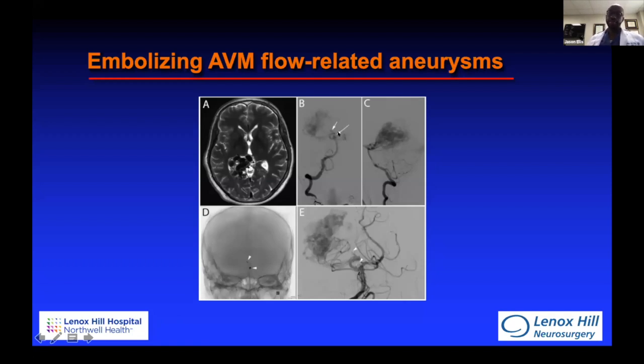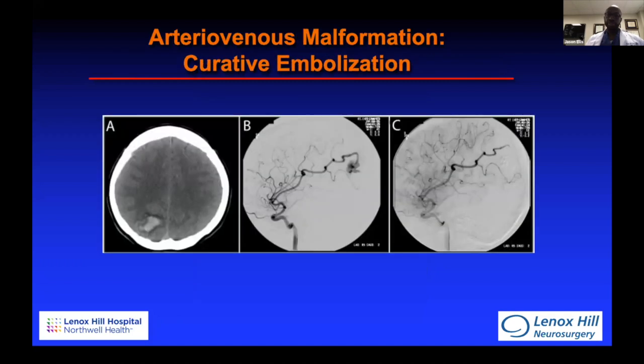And embolization is certainly helpful in that regard. And so we can treat the aneurysm up front and in an elective fashion go ahead and deal with the large AVM nidus.